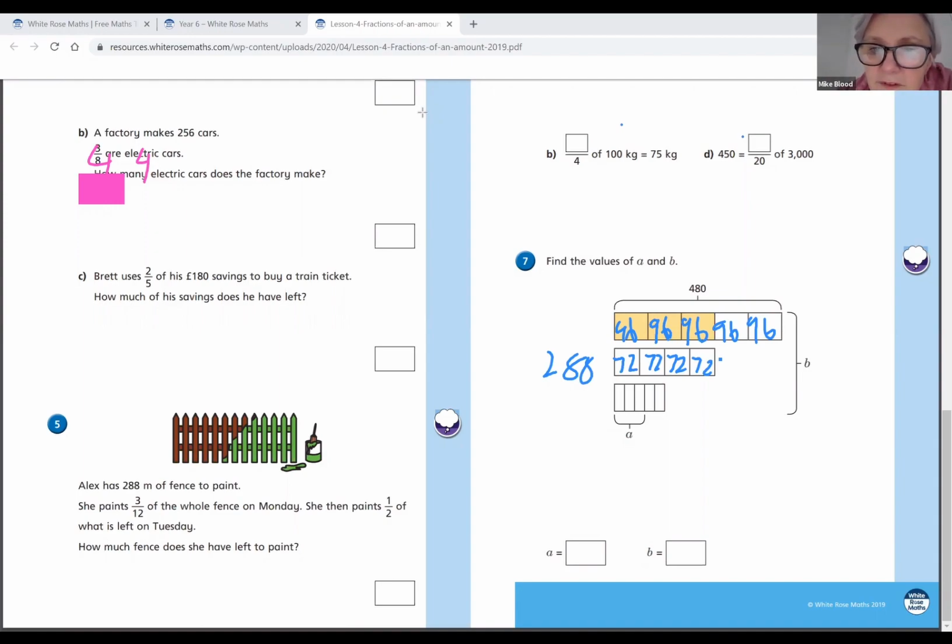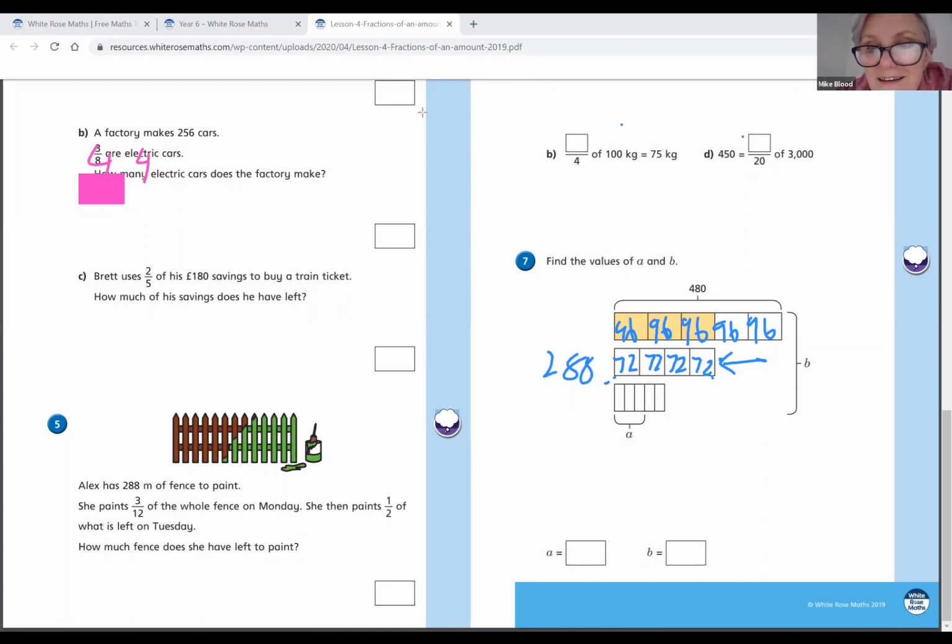And then these 4 on the second row here were the same as 3 of the 96s. So I worked out what 96 times 3 was, and that gave me 288. So I worked out what each one of these bars was here, and each one is 72, because 4 lots of 72 is 288. And now I need to work out what this A is.